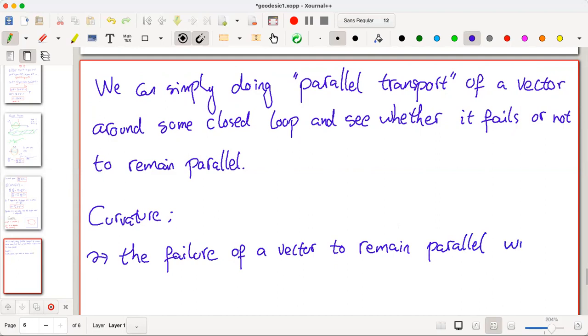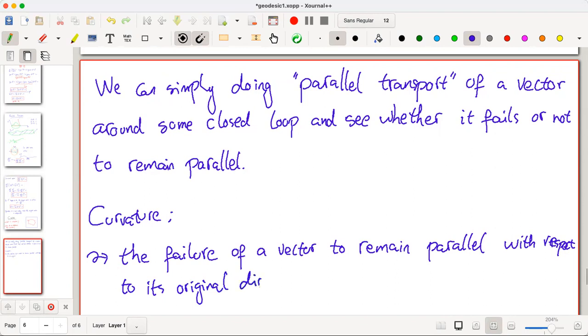So curvature is defined in terms of failure to remain parallel with respect to its original direction when parallel transported along a closed loop.